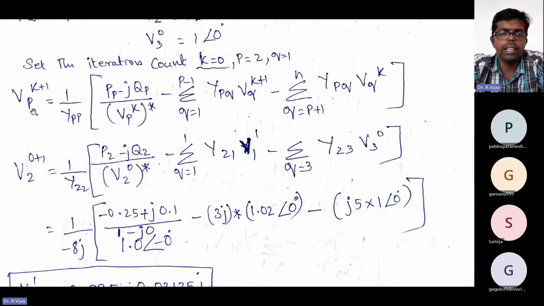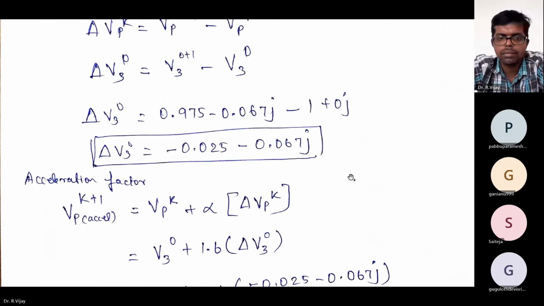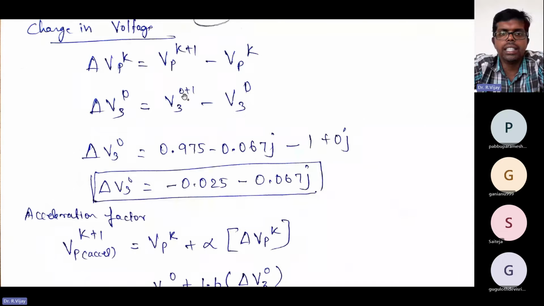So V3 1 is equal to 1 divided by Y33, times P3 minus Q3 over V3 0 star, minus summation of Q not equal to 3 of Y3Q V Q, like that. So the same thing, V3 1 you need to calculate.